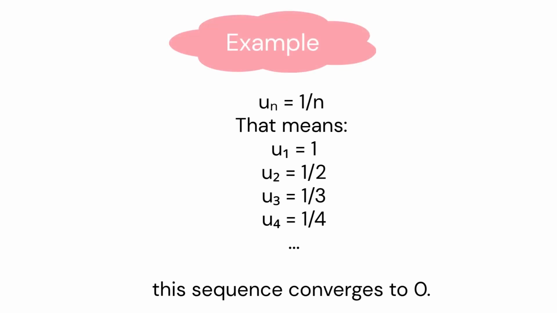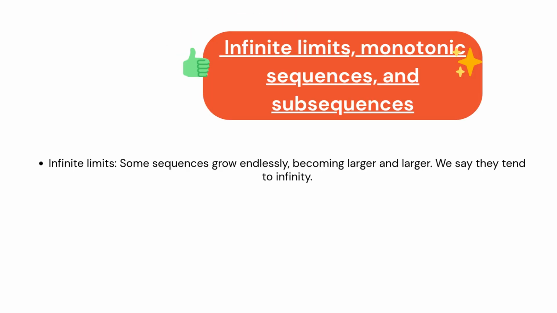Example: let's consider the sequence defined by u_n equals 1 over n. That means u_1 equals 1, u_2 equals 1/2, u_3 equals 1/3, u_4 equals 1/4, and so on.